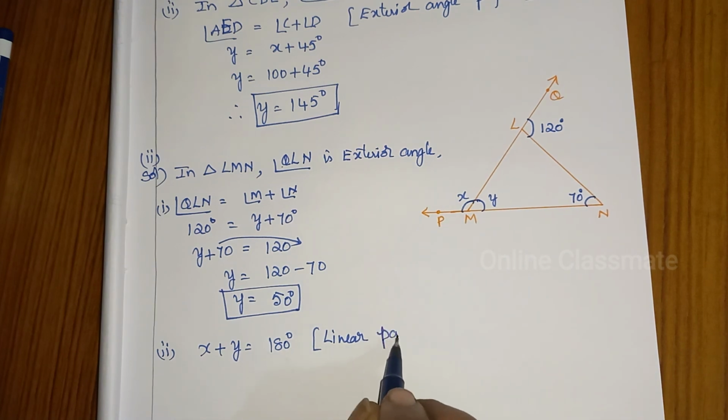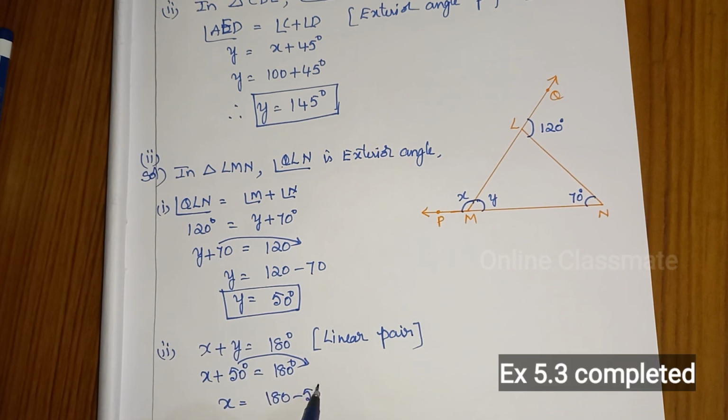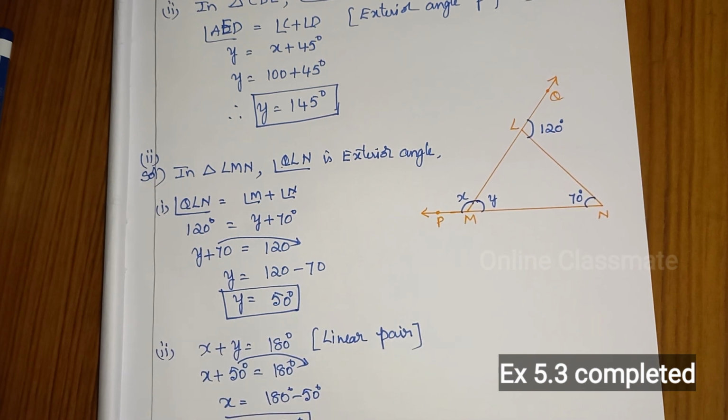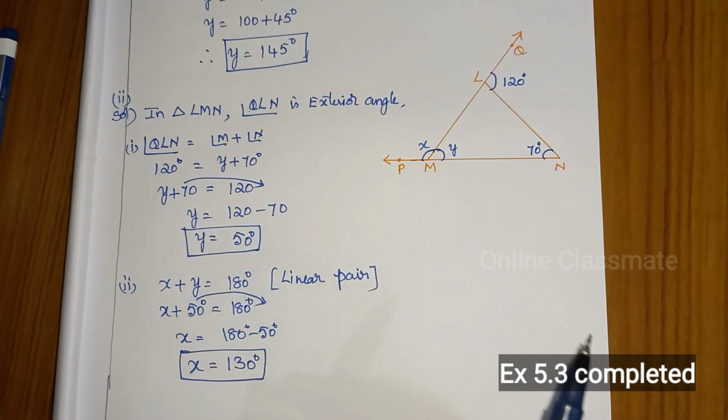Supplementary means 180 degrees. x plus y is equal to 180. x plus 50 degrees is equal to 180 degrees. Then x is equal to 180 minus 50, transposing. Then x is equal to 130 degrees. x is equal to 130 degrees and y is equal to 50 degrees.